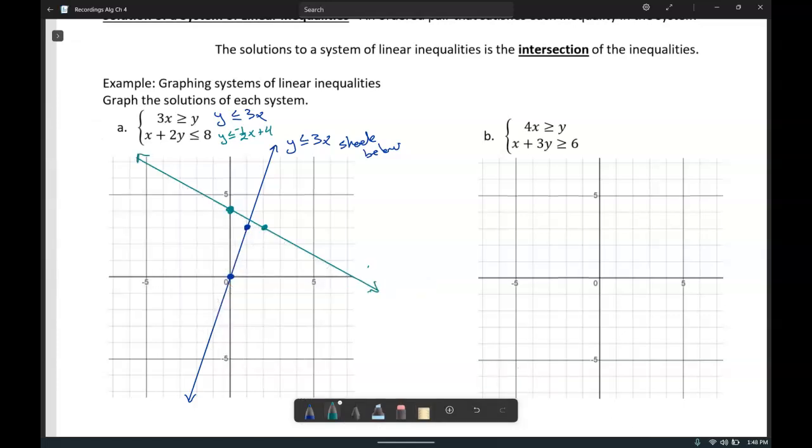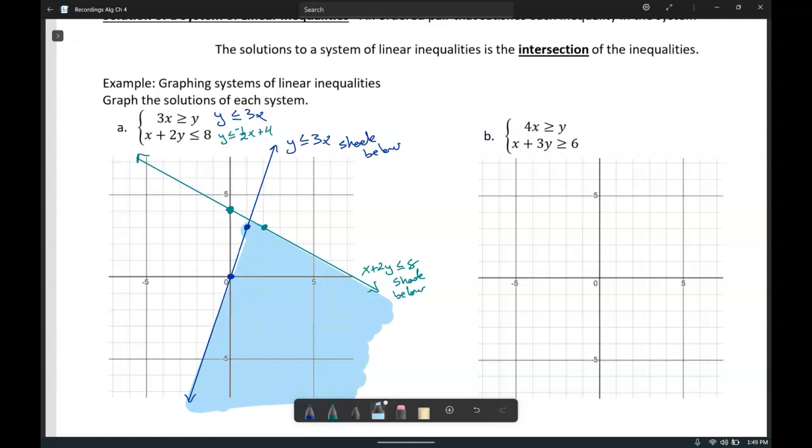And here we go. This is x plus 2y less than or equal to 8. And because it's less than or equal to, this one is also shaded below. And so what we can do is if we're shading below both of these lines, that is going to be this region inside this area here, below both of these lines. So here's our shaded region.